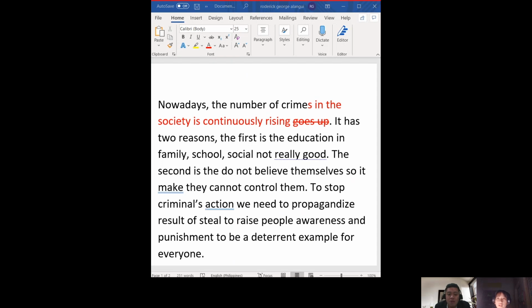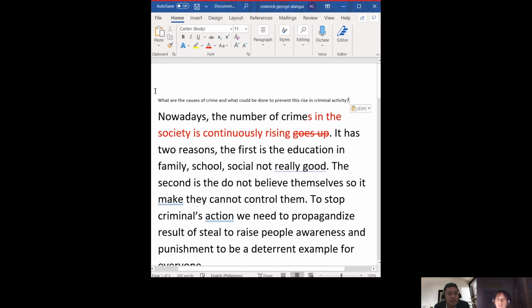Okay, what are the causes? Try to rephrase this: what are the causes of crime and what could be done to prevent this rise in criminal activity?